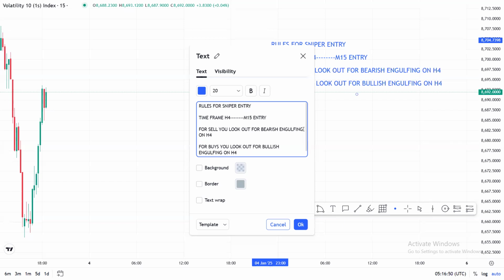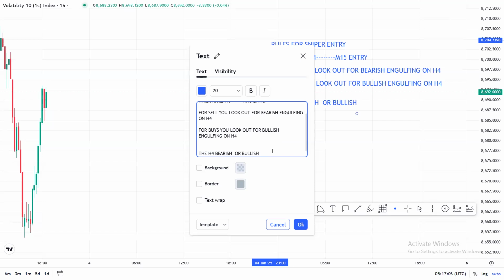So where are you looking out for these candles? It has to be on H4, all right? The H4 bearish or bullish engulfing is your POI.